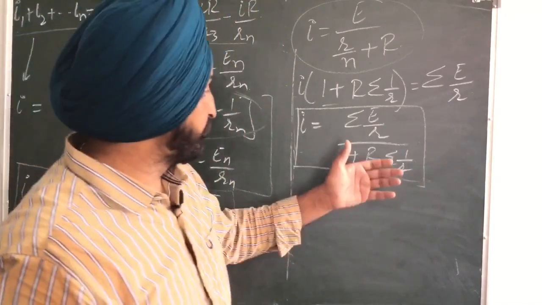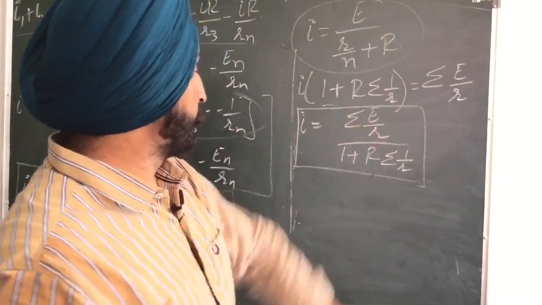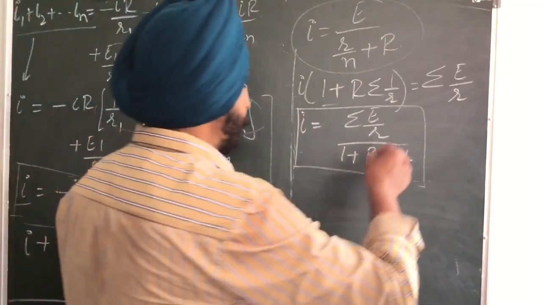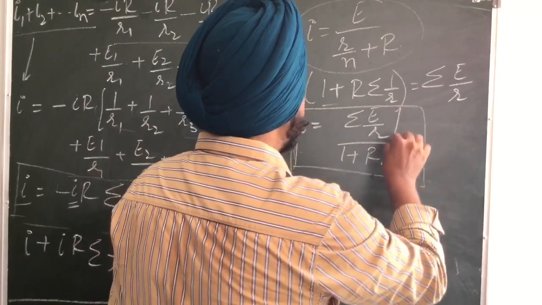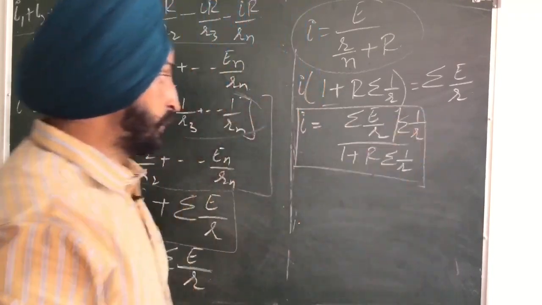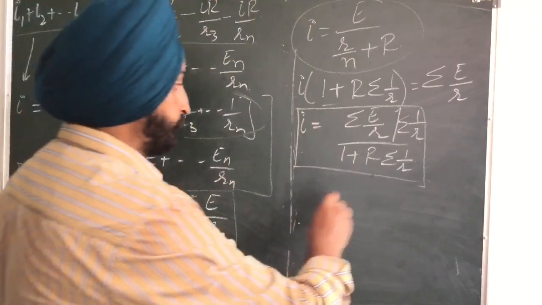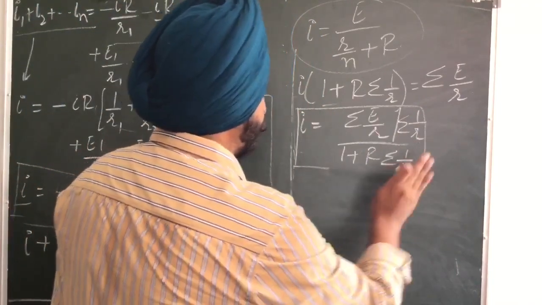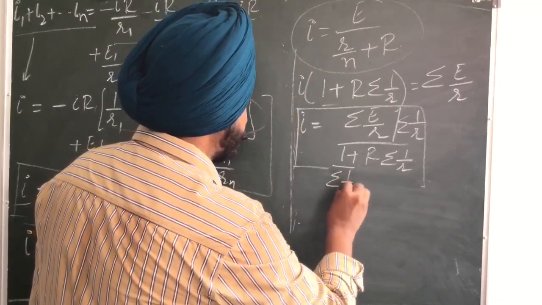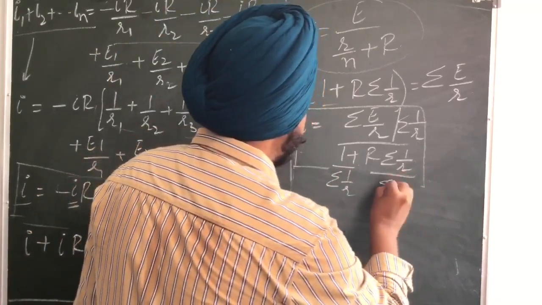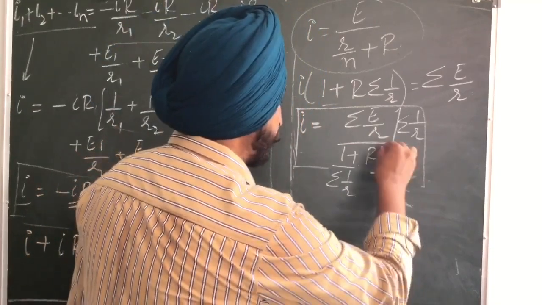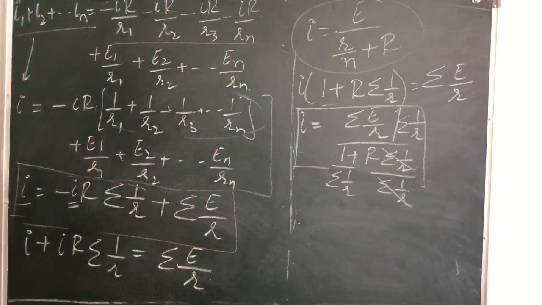So to make this equation comparable with this equation, I will be dividing this equation by summation of 1 by R. So I will be dividing it over here also by summation of 1 by R, and over here also summation of 1 by R. So here summation of 1 by R and summation of 1 by R will get cancelled.